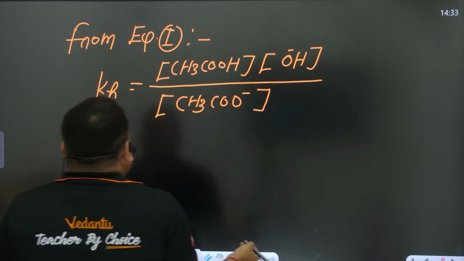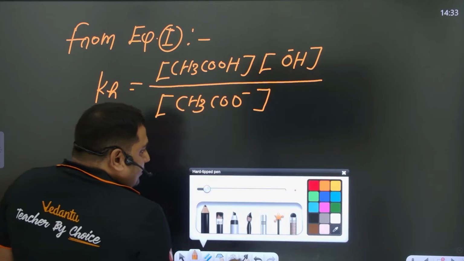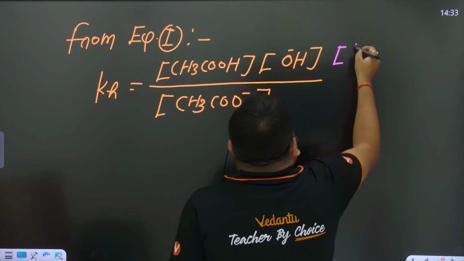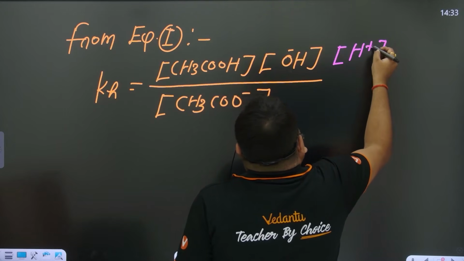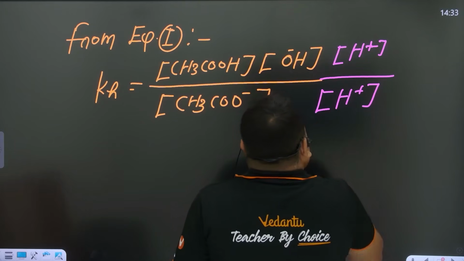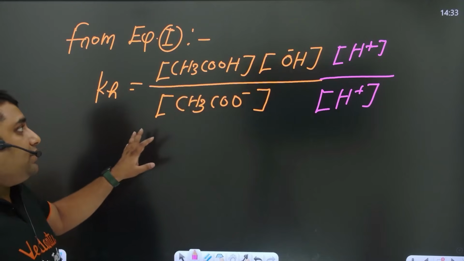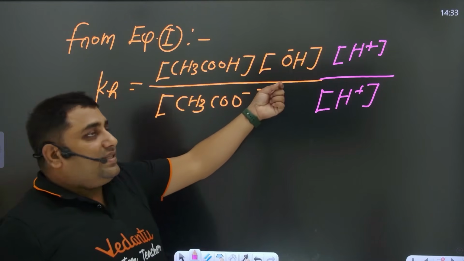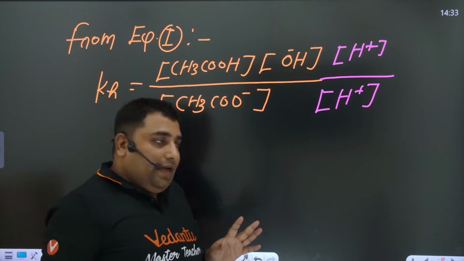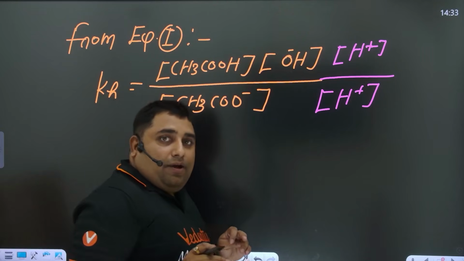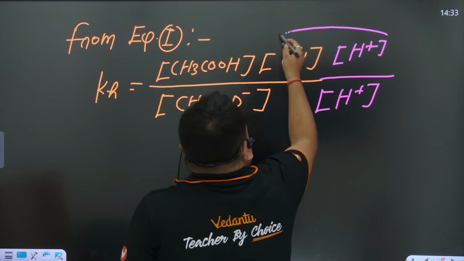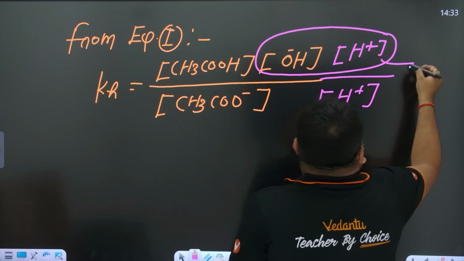Okay, this is okay. Now in this equation, if we multiply by the concentration of H positive ion, and we also divide by the concentration of H positive ion, there is no effect in this equation because we have just multiplied by the same entity and also divided by the same entity. But we make a particular relation right here. See how? So this value you have to see is equal to what?